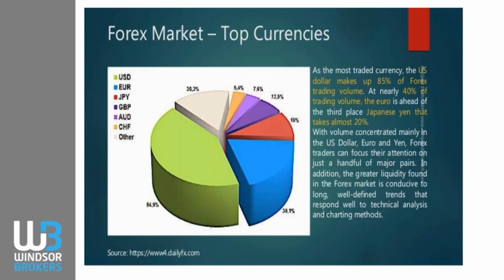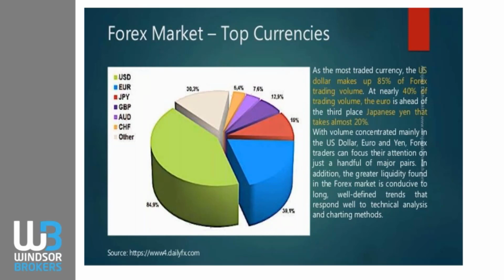That's why the United States is the biggest economy in the world, and the dollar is the dominant currency so far. Most things, even commodities, are priced in US dollars.